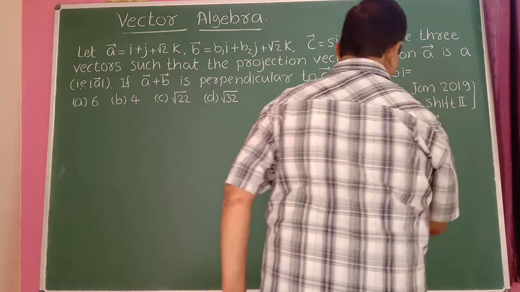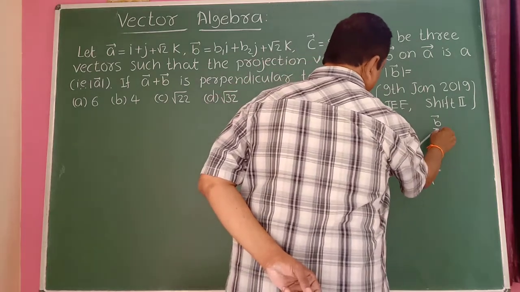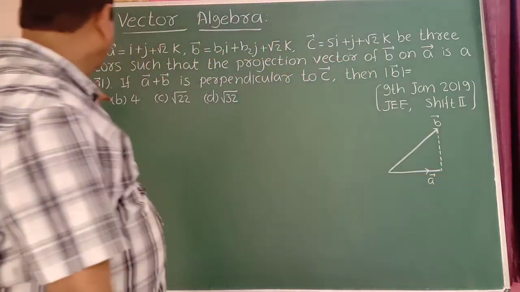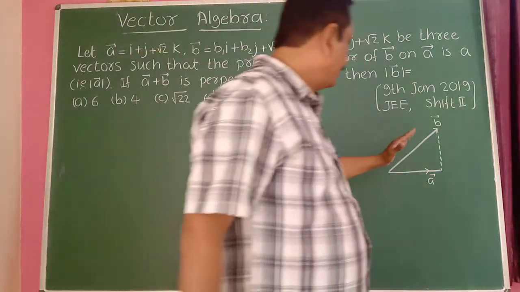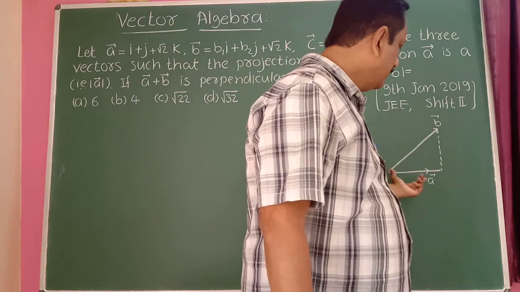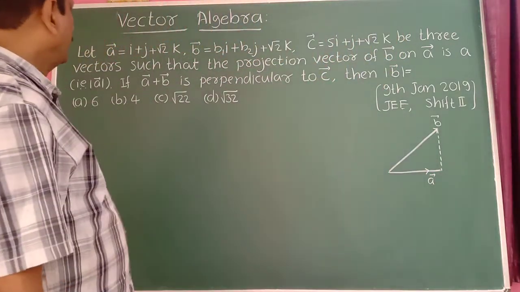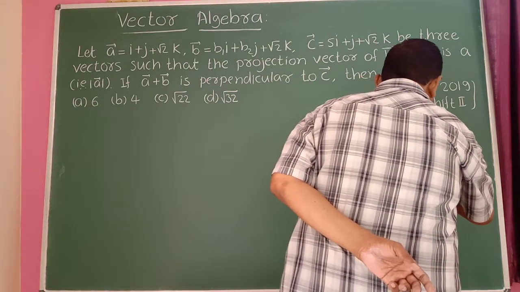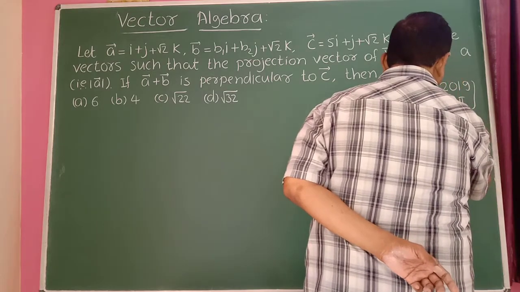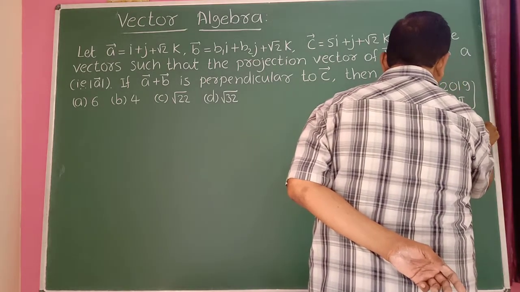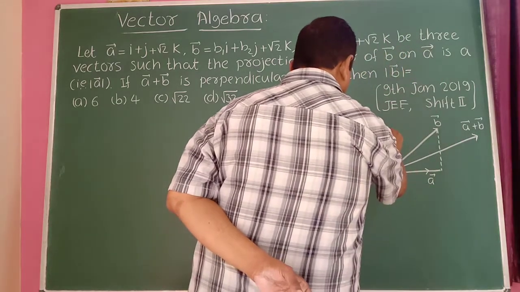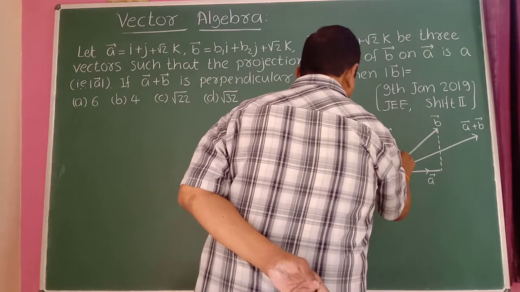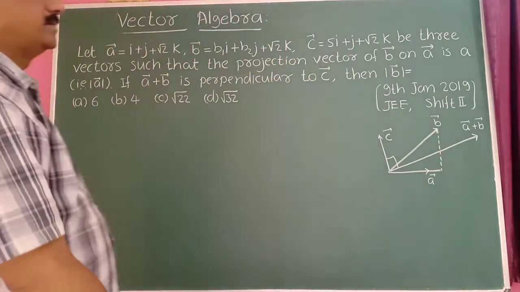Projection of b bar on a bar: the modulus of a bar they have already given, it's a length. This vector a bar plus b bar is perpendicular to the vector c bar.